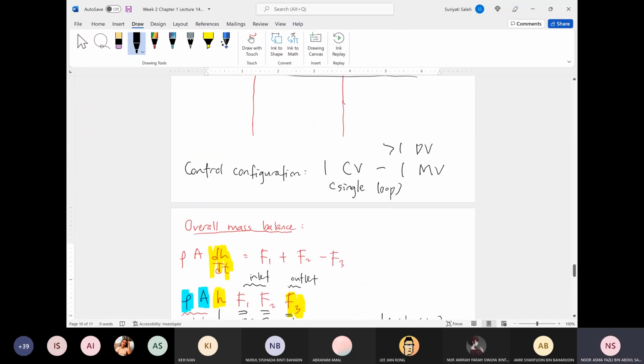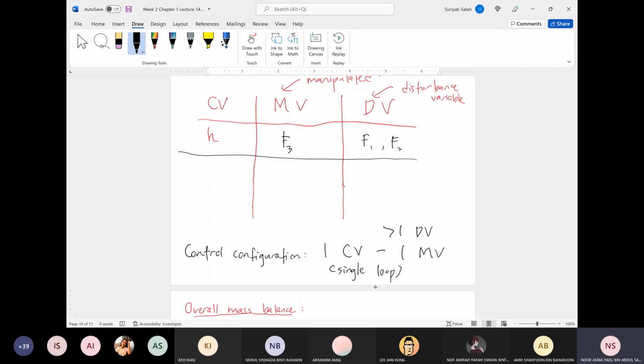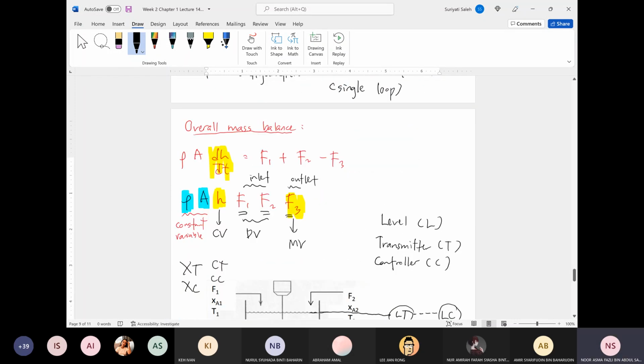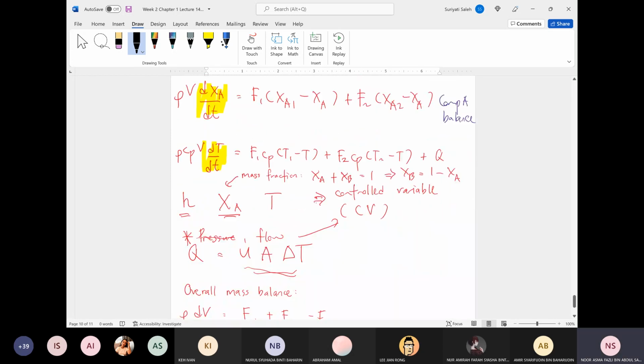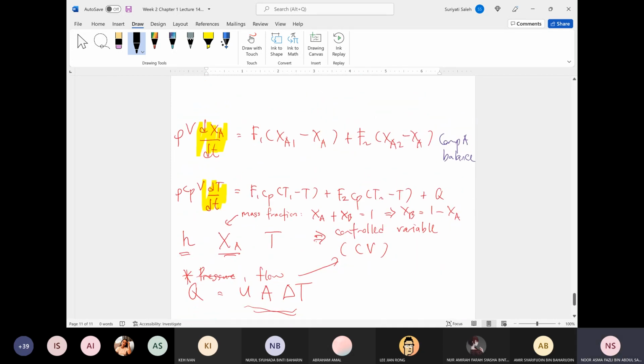So for now, I have already completed the level. For the exercise, we have two remaining balances: the composition or component balance, and the energy balance.